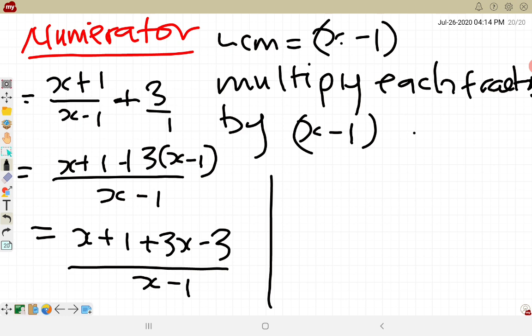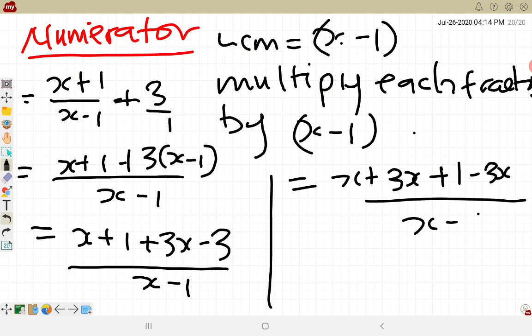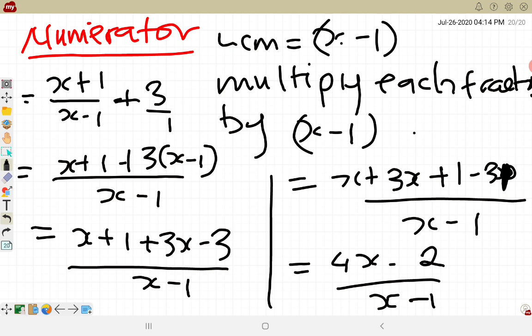Collecting the like terms, we have x plus 3x, which gives us 4x, and 1 minus 3, which is minus 2. So we have 4x minus 2 over x minus 1. This is what the numerator of the fraction gives us.